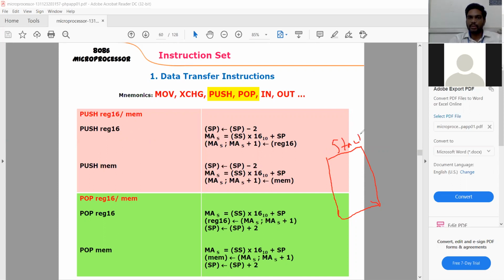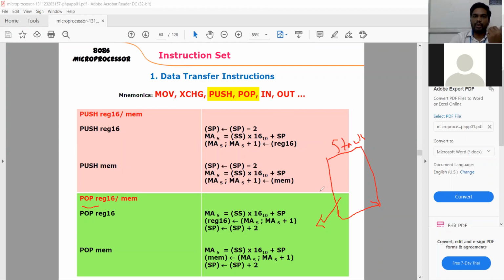That process of bringing the data from the stack is performed by this pop instruction. So the pop instruction is used to get the data from the stack.